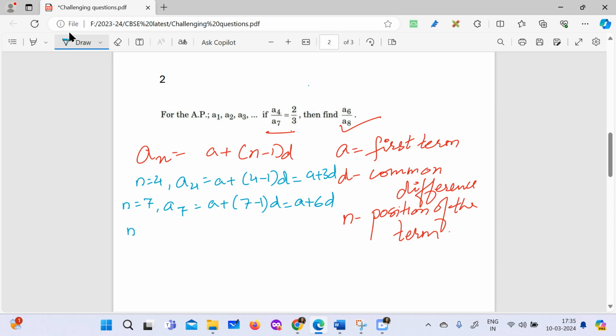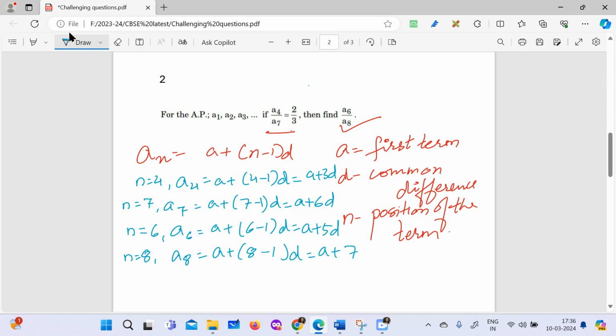And when n is equal to 6, then a6 is equal to a plus 6 minus 1 times d, that is a plus 5d. And when you have n equals 8, then a8 is equal to a plus 8 minus 1 times d, that is a plus 7d.